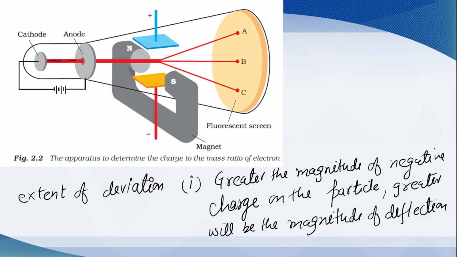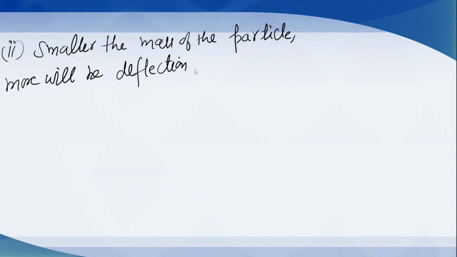Now second one, smaller the mass, more will be the deflection. And third is strength of the applied field. So, as strength of the applied field increases, then more will be the deflection.